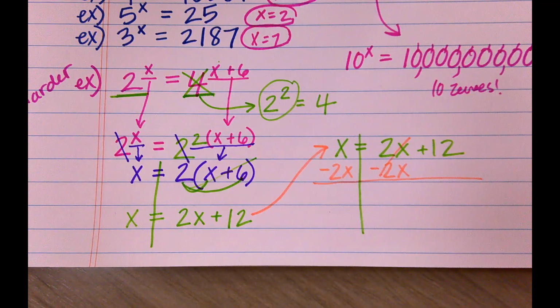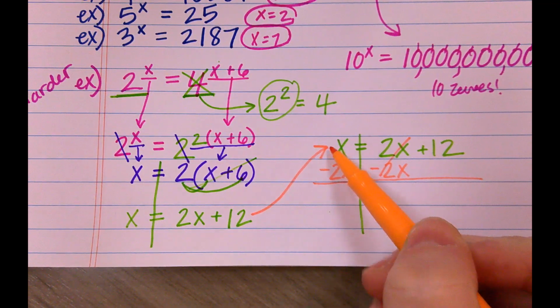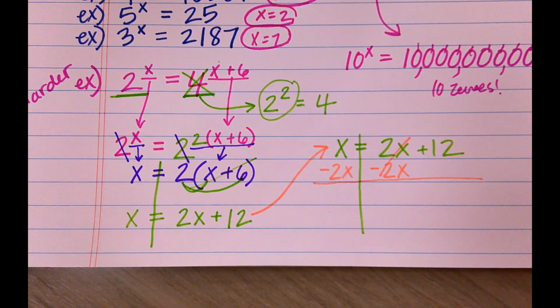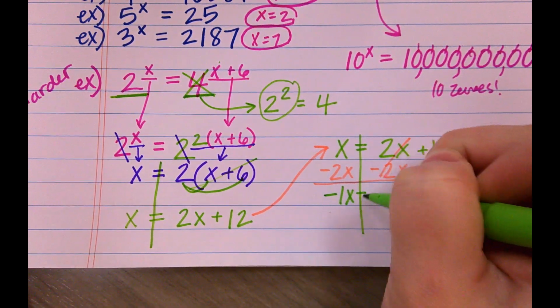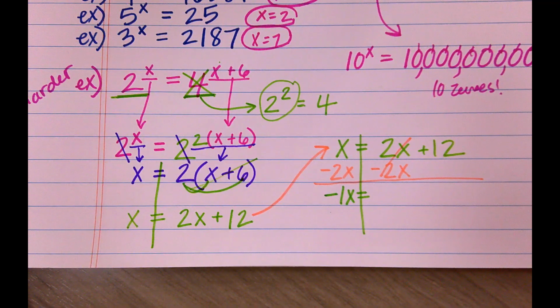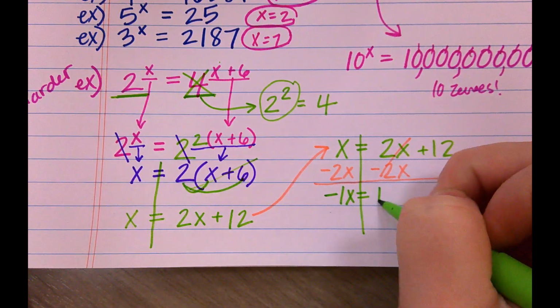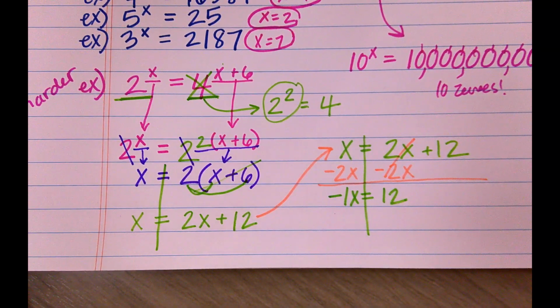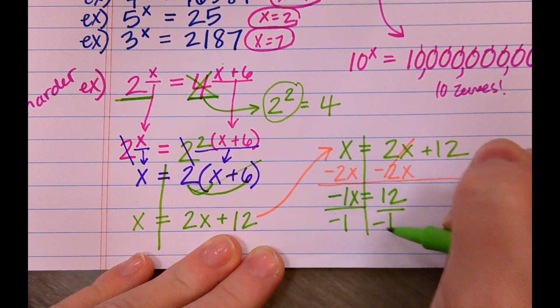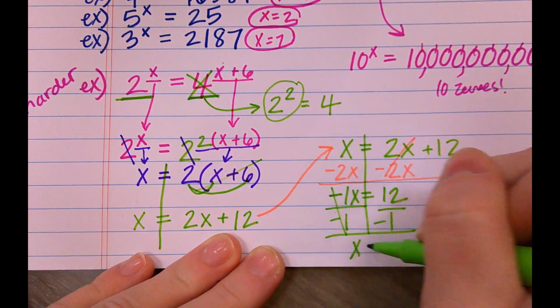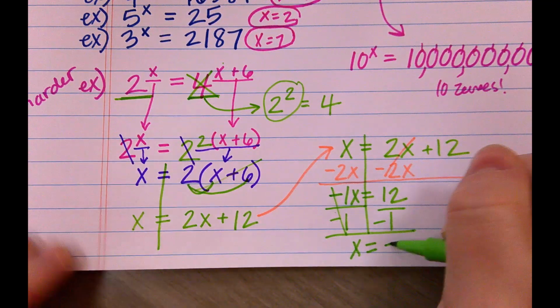Negative 1, because this is like having 1x, and if you take away 2, you'll be left with negative 1x equals what? 12. And now we can divide by negative 1. And we get x equals negative 12.